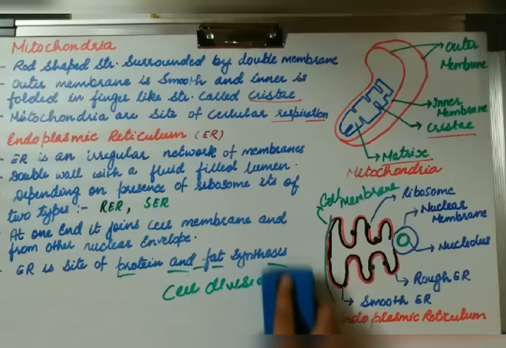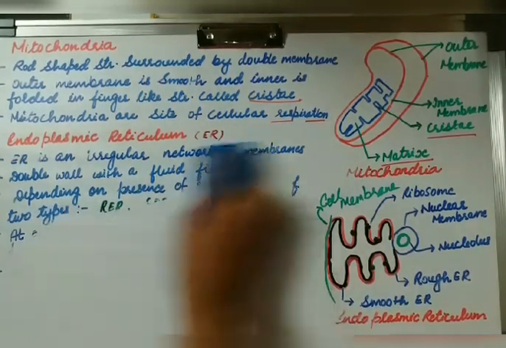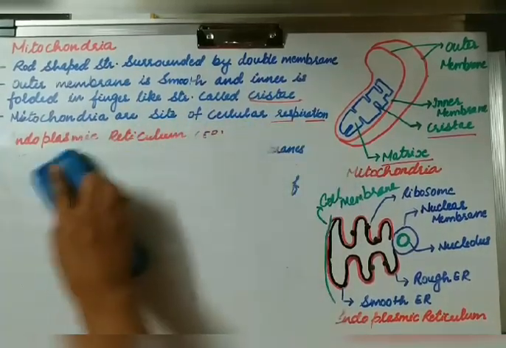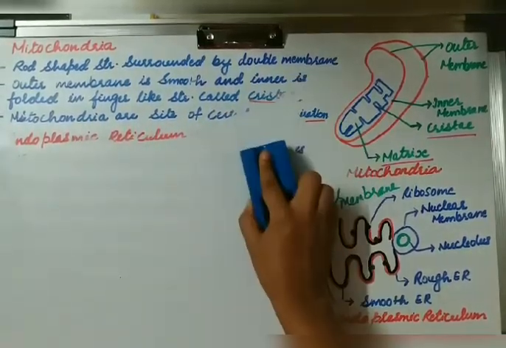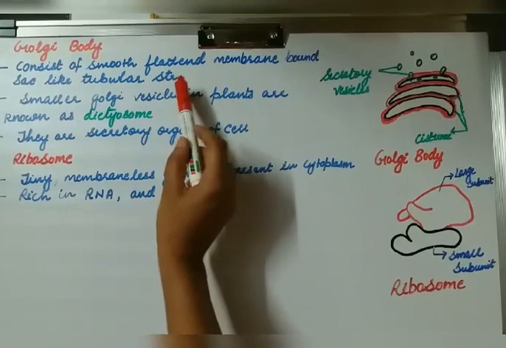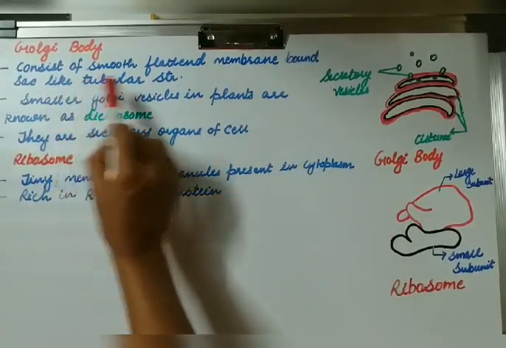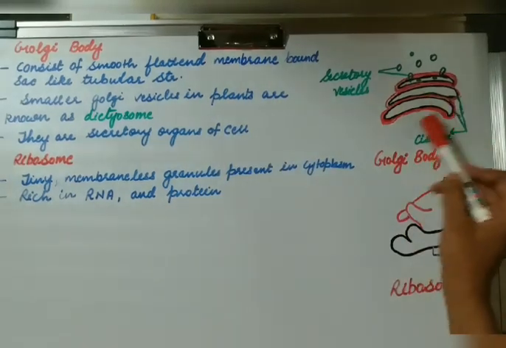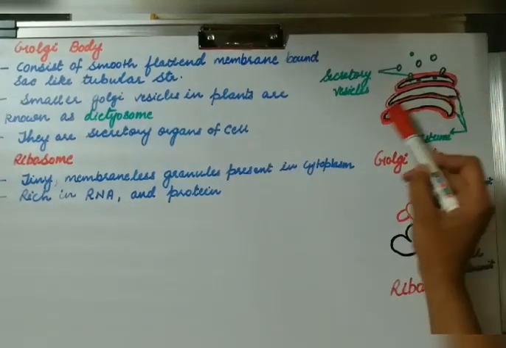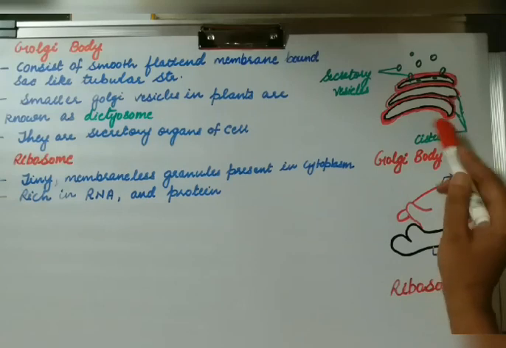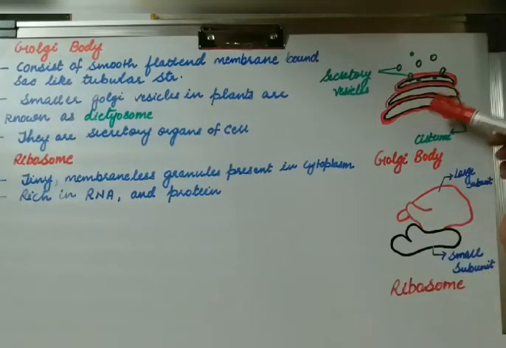Now we will go with the third organelle, and your third organelle is your Golgi body. Golgi bodies are basically smooth, flattened, membrane-bound, sac-like tubular structures. You can see in this diagram also they are flattened, sac-like, tube-like structures which are kept one above the another.